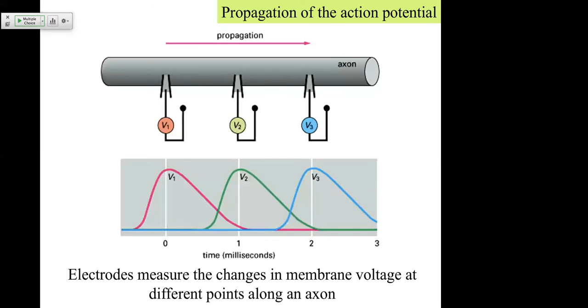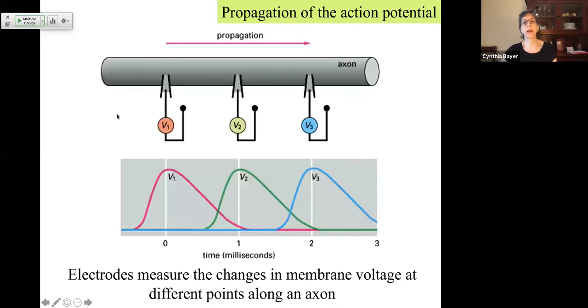Okay, fantastic, thank you. All right, so here we are looking at an axon, and what we're going to look at next is how those action potentials can travel in one direction down that axon.